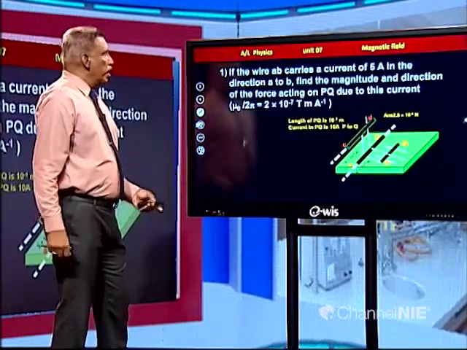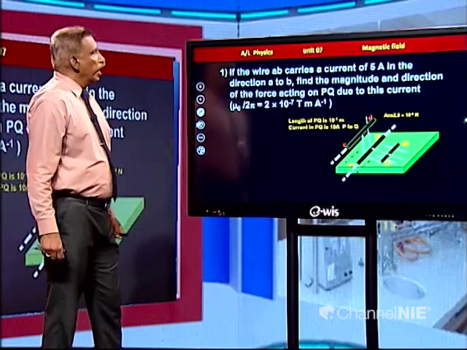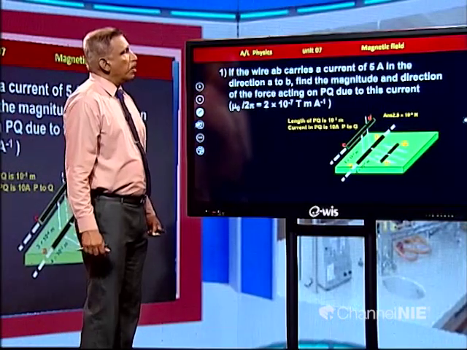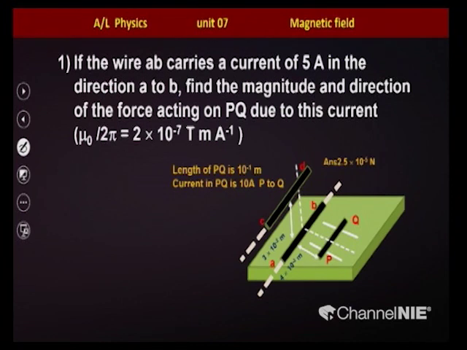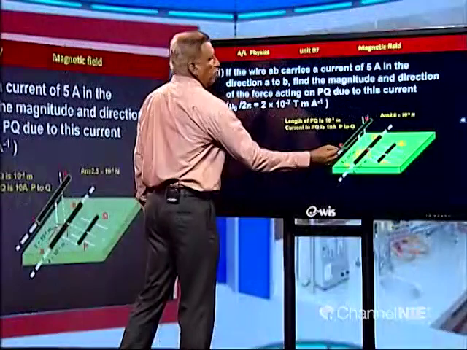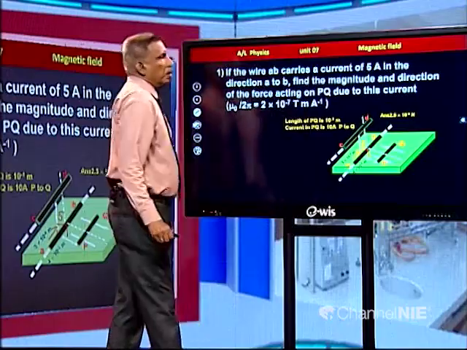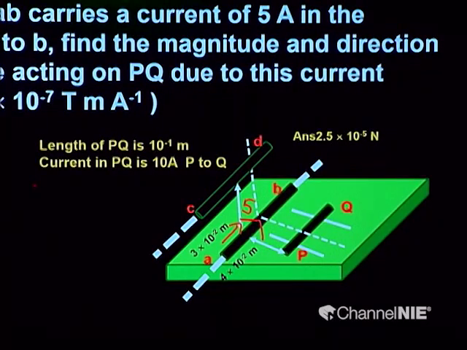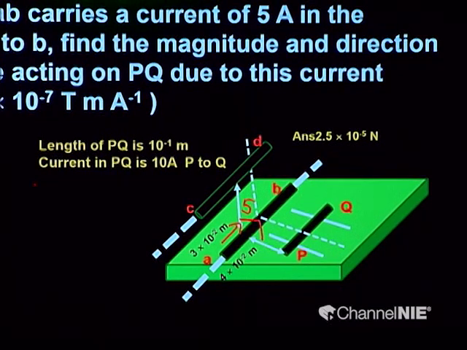So, the first part of this question: if the wire AB carries a current of 5 ampere in the direction of A to B. So, this wire carries a current of 5 ampere A to B. Find the magnitude and direction of the force acting on PQ due to this current.